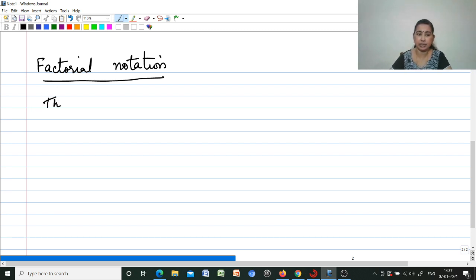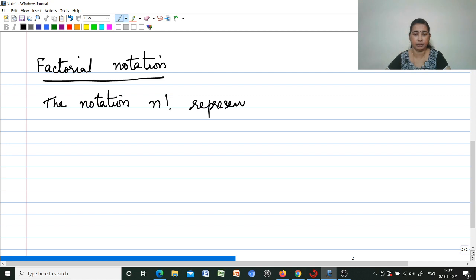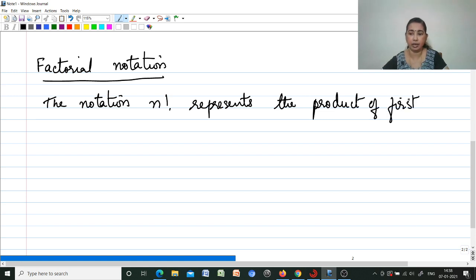Factorial notation means the notation n factorial. That symbol is factorial. n factorial represents the product of first n natural numbers.